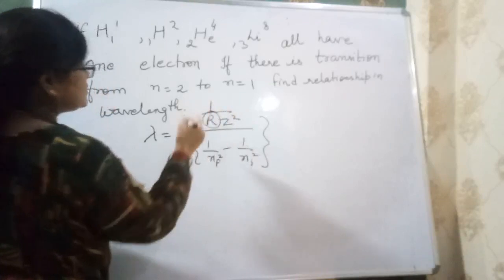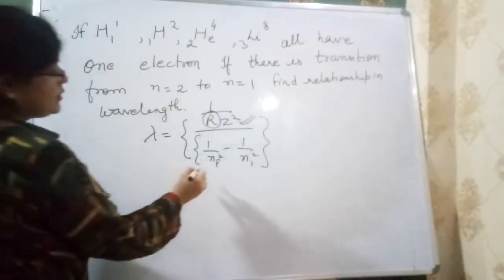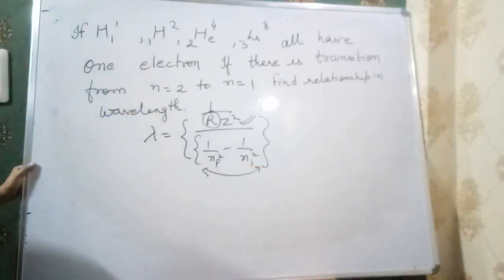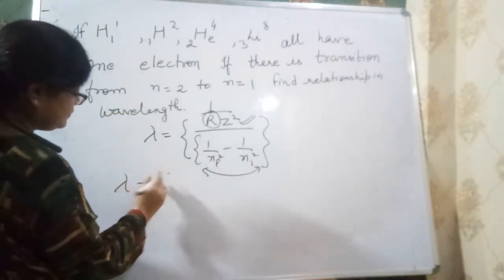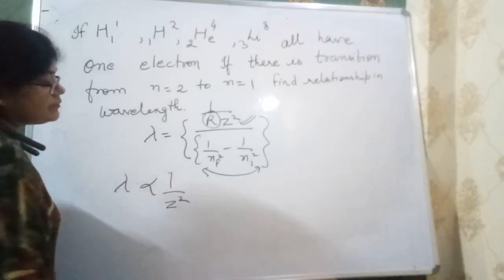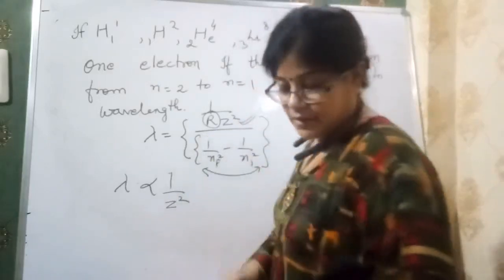This is the Rydberg constant, but z square is important here because the final and initial states are the same in each case. That means lambda has a relationship of inverse of z square. Clear?